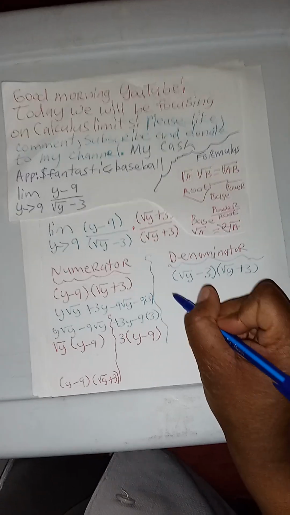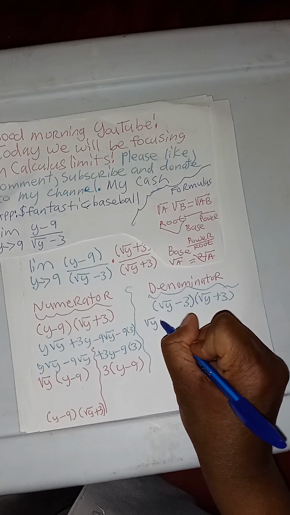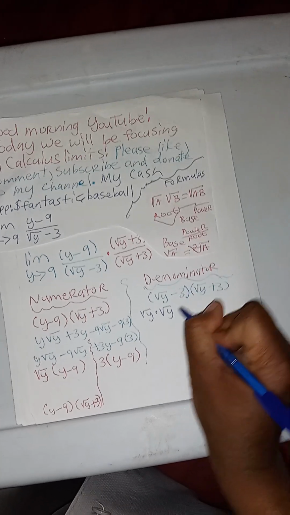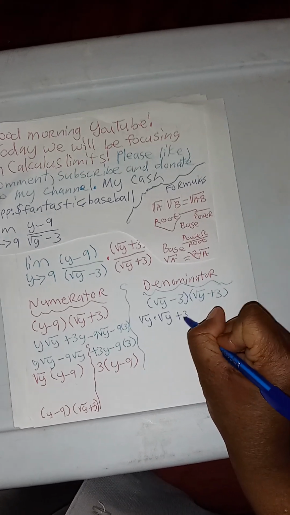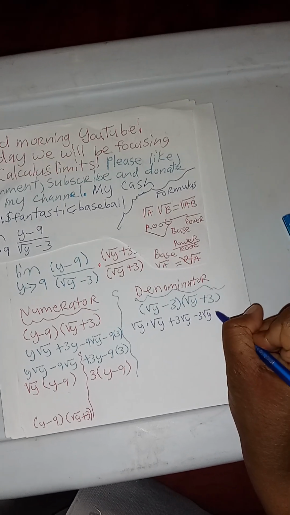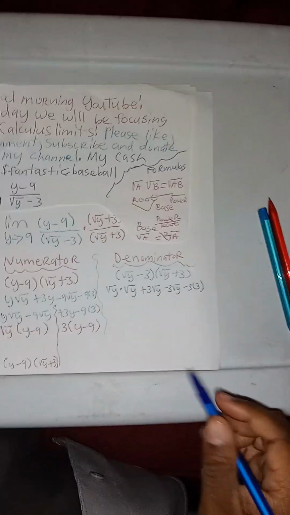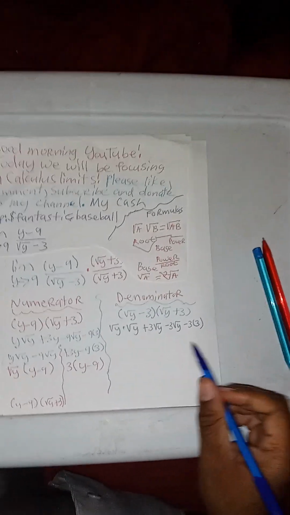Now let's work with the denominator. So it's going to be square root of y times the square root of y plus 3 square root of y minus 3 square root of y minus 3 times 3 after we FOIL or distribute.